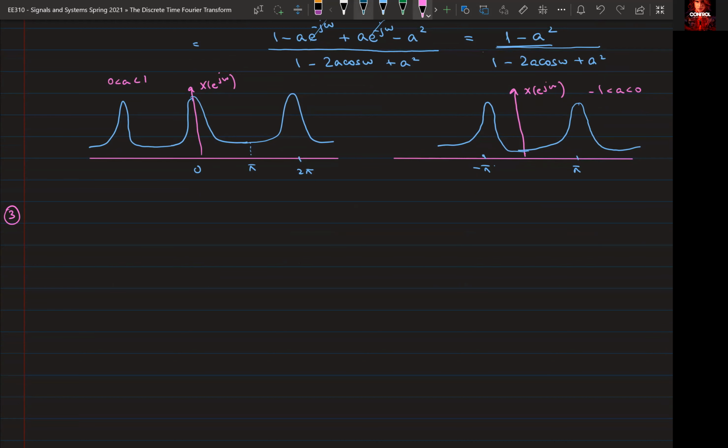Could you say the pi, minus pi to pi, or 0 to 2 pi? Yeah, so you could use minus pi to pi or from 0 to 2 pi. Same, because it's periodic, right?